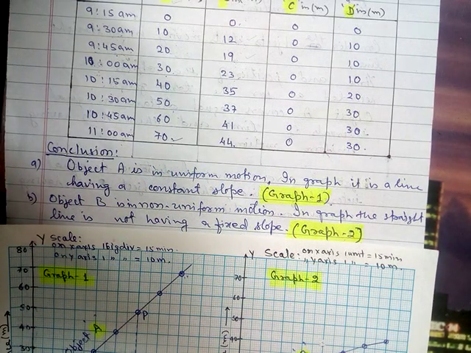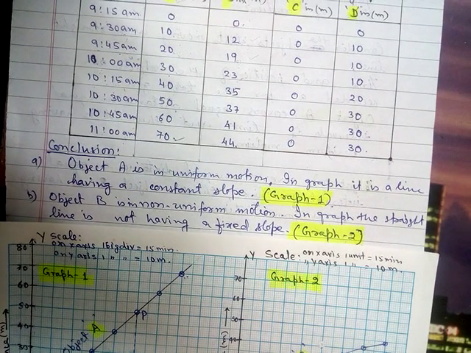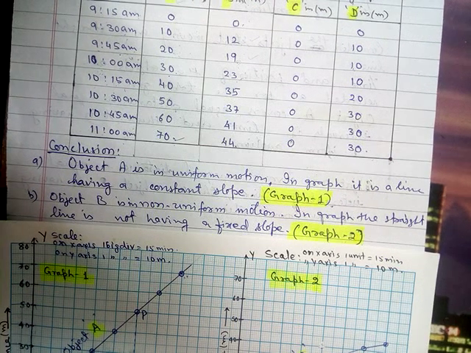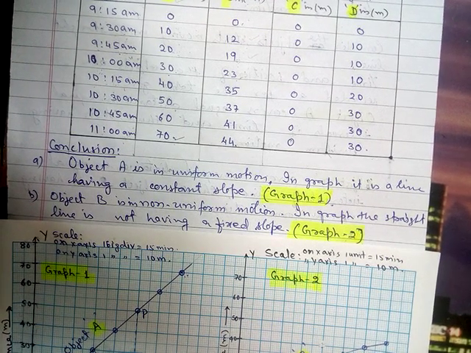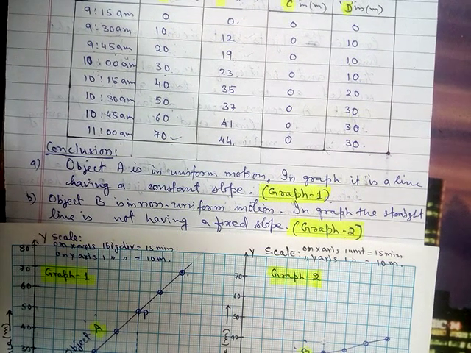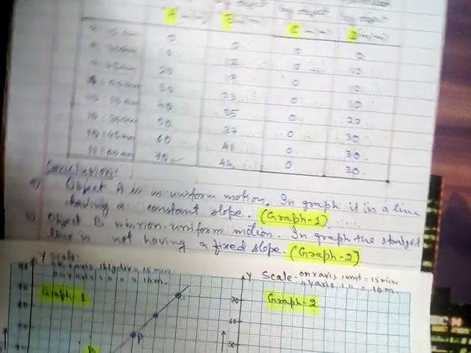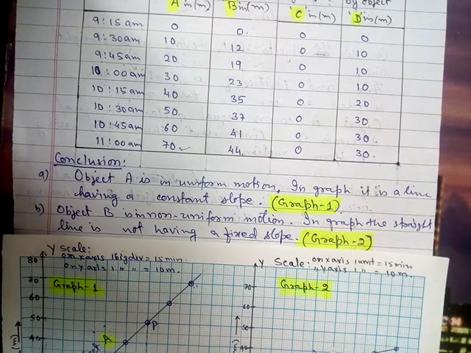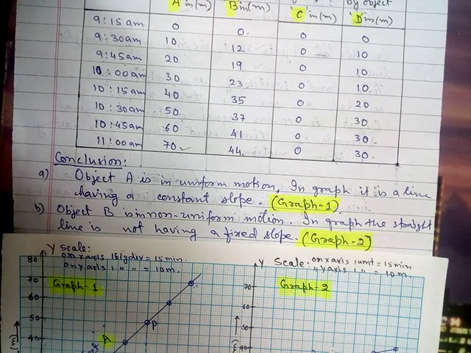In this way we join all these points, and we see it's not a straight line, it is curved. And thus it is not having a fixed slope, which shows that it is not covering the same distance in equal intervals of time, and thus it is having non-uniform motion.